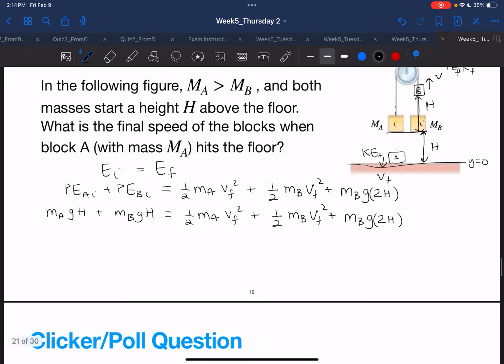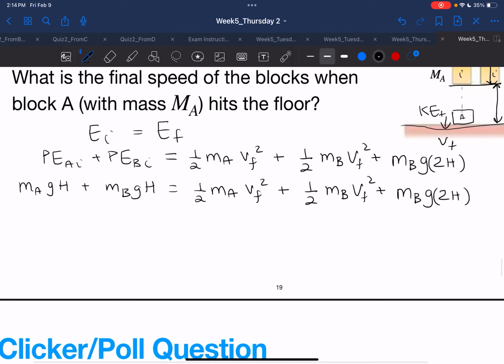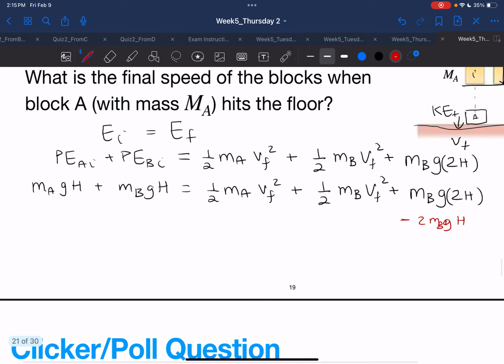On the left-hand side, I'm going to factor out a g h, so I have mA plus mB. Actually, it might be more useful to leave these separately, because the first thing I'm going to do is subtract 2 mB g h from both sides. So subtract 2 mB g h from both sides.